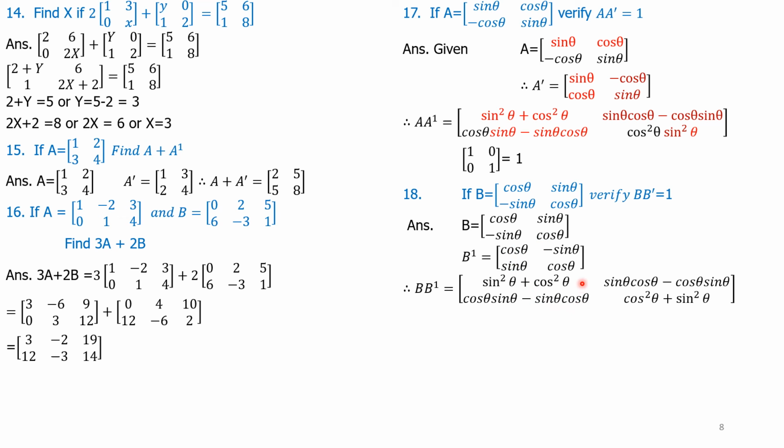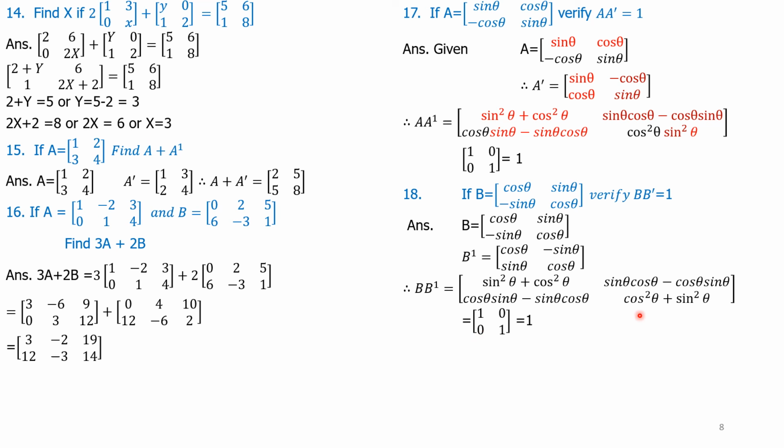And the second row with the last column becomes sin squared theta plus cos squared theta. Therefore, it is 1. Sin theta cos theta minus cos theta sin theta get cancelled in the element A12. Similarly, in A22 also, cos theta sin theta minus sin theta cos theta gets cancelled. It becomes 0 and hence written here.